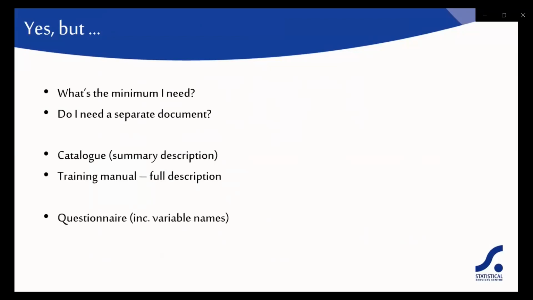At the data level, we have the questionnaire, which includes the variable names, and we have the codebook. If we had included any derived variables, we would need a document describing the calculation methods for each of these variables. But as there are no such variables included in our archived data, the questionnaire and codebook together fulfill the requirements for metadata at the data level.